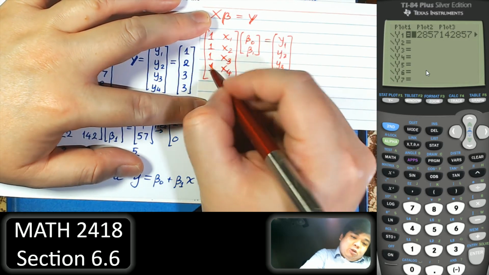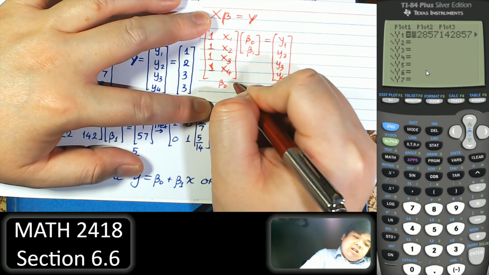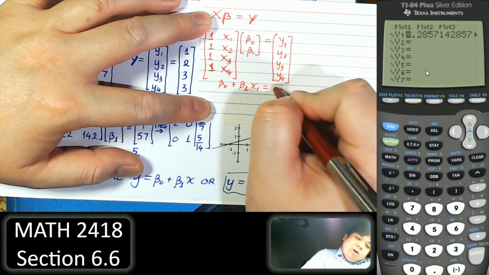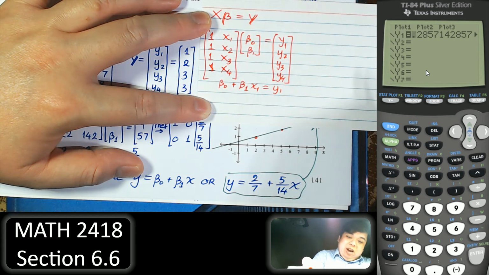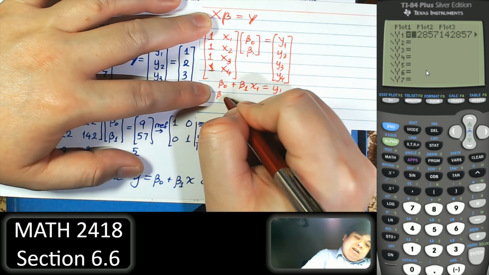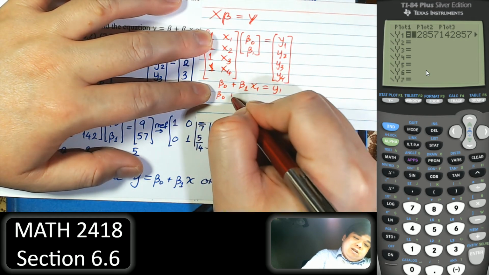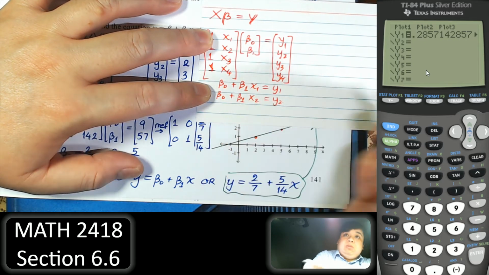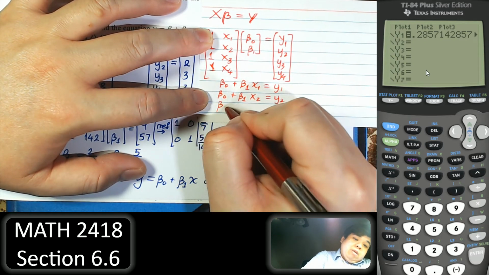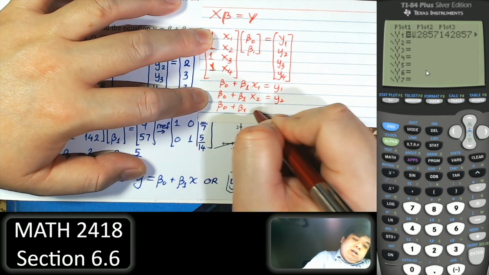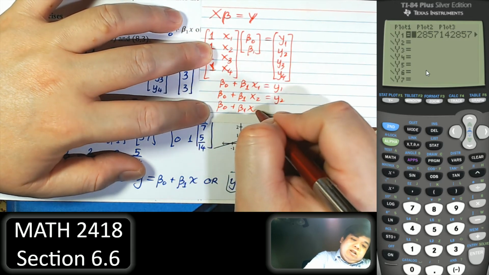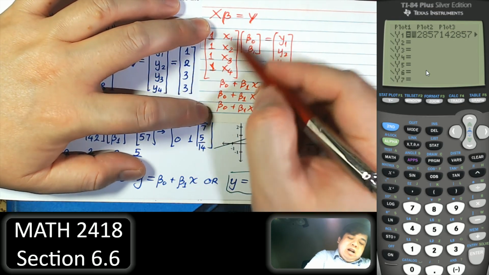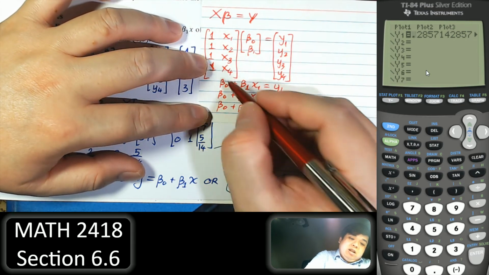So we have beta naught plus beta 1 x1 equal to y1. Well, that's just the equation of the line, right? And then beta naught plus beta 1 x2 equal to y2. Again the equation of the line. Beta naught plus beta 1 x3 equal to y3. I've just rewritten this matrix equation into a system of equations.